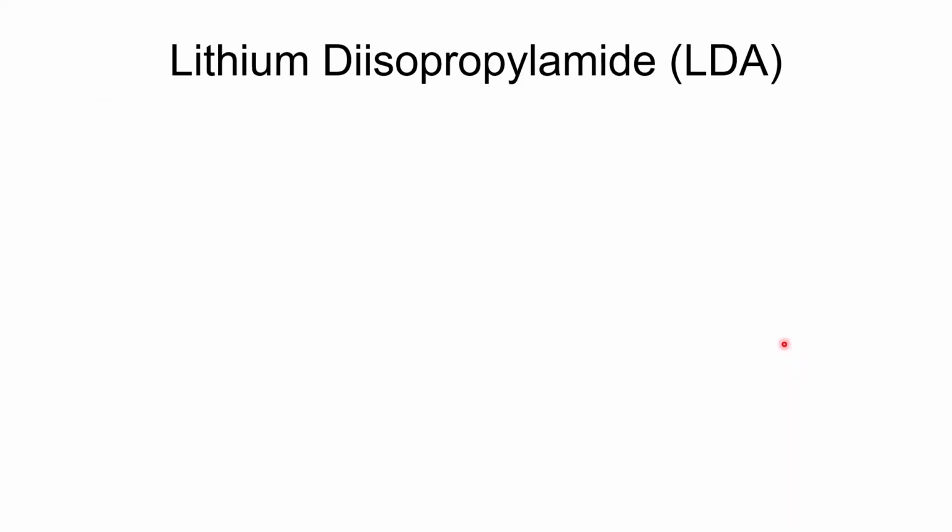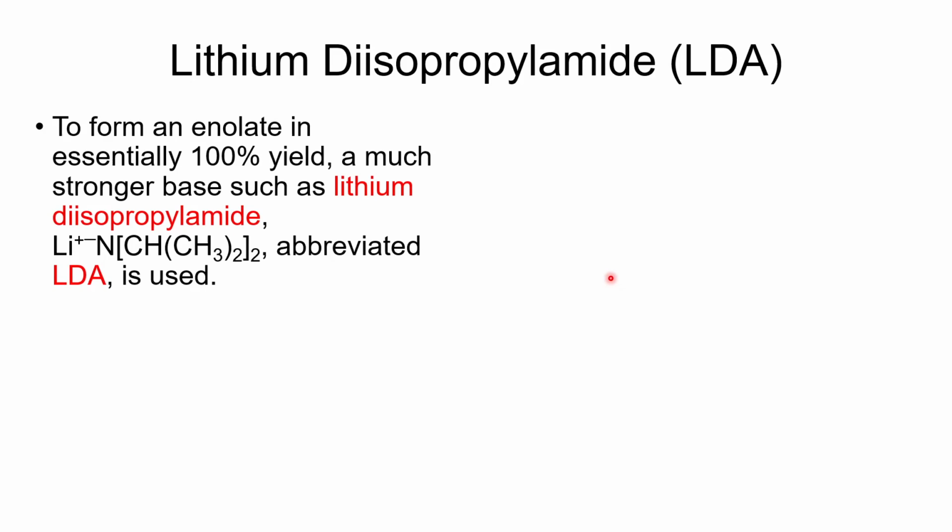All right, let's look a little bit closer at lithium diisopropylamide, or LDA. Again, a lot of chemists will call this lithium diisopropylamide. There's nothing wrong with that. In fact, probably more people call it that than amide. Just a heads up in case you run into somebody else, so they won't think you're some backwards chemistry professor from Texas.